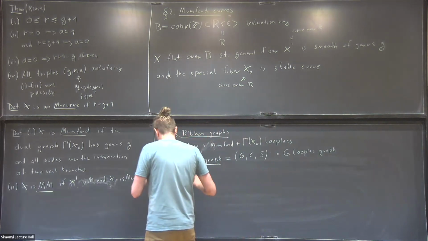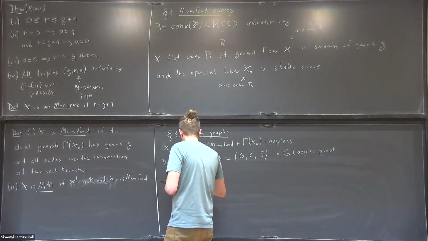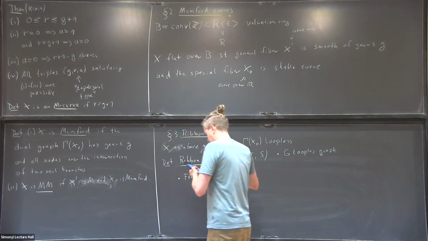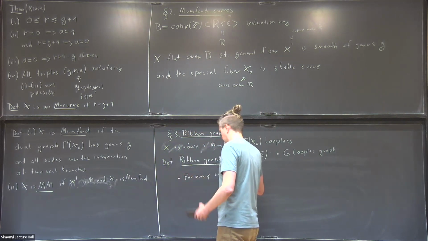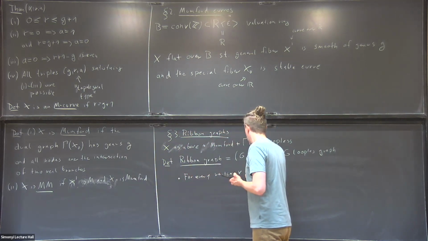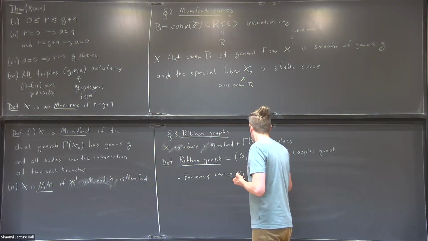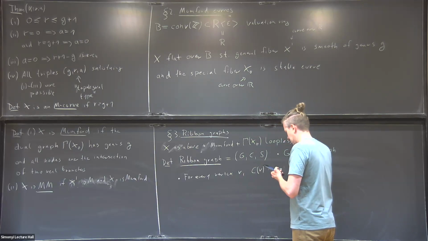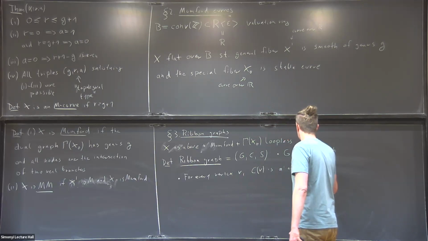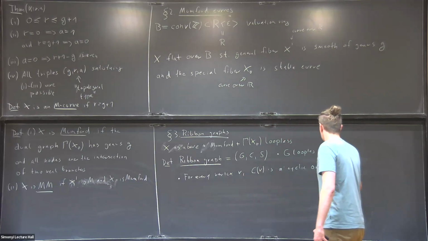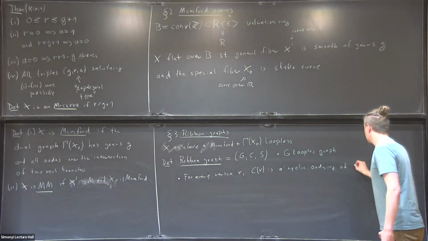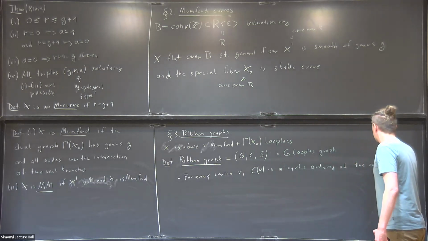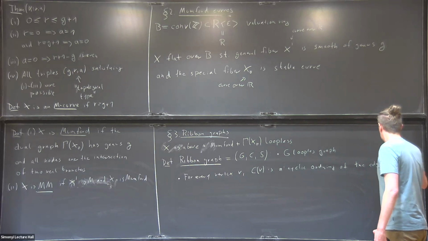The extra information, for every vertex v, c of v is a cyclic ordering of the edges that are adjacent to v.